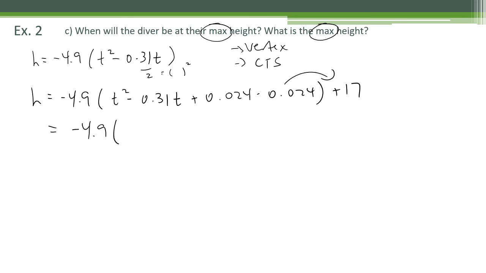Bring this out, multiply that by negative 4.9, gives you this. Plus 0.12 when you multiply by the negative 4.9, plus 17.